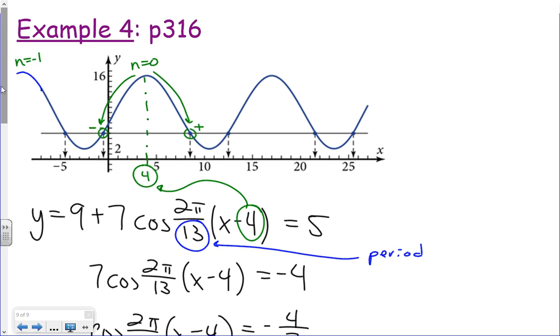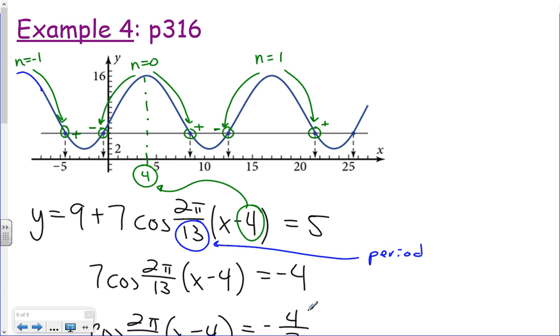So off to the right, the solution here is going to be the positive cosine inverse solution. And then moving to the right of n equals 0, this would be where n is equal to 1. If I move to the left of that high point, that solution that I see there is the negative cosine inverse solution. And off to the right, the solution is the positive cosine inverse solution.